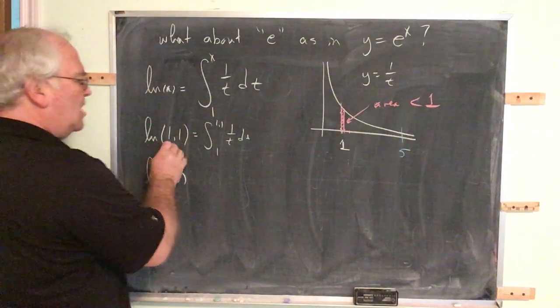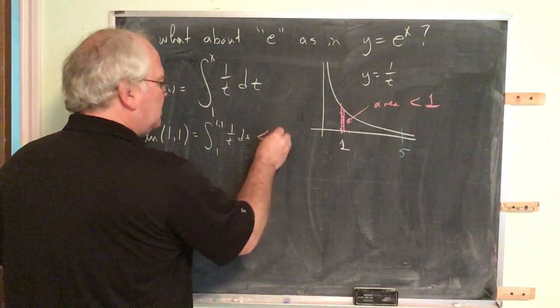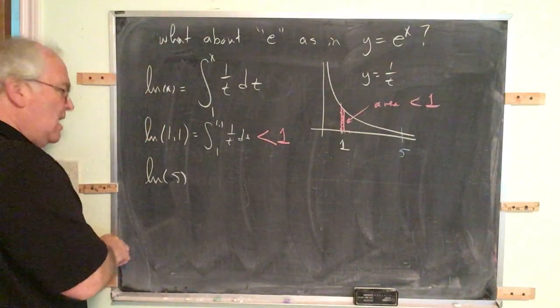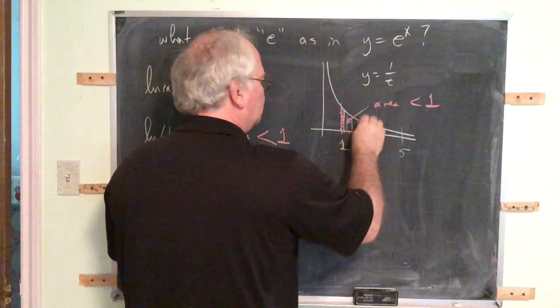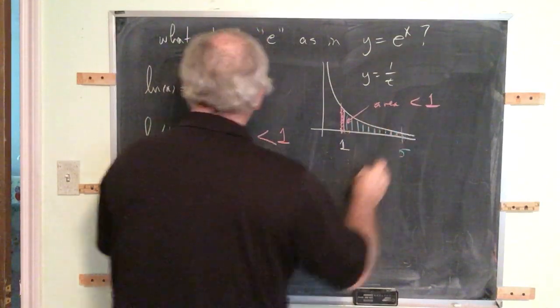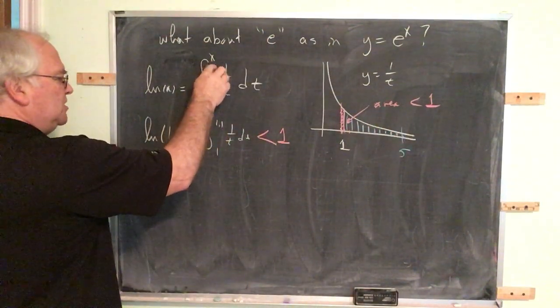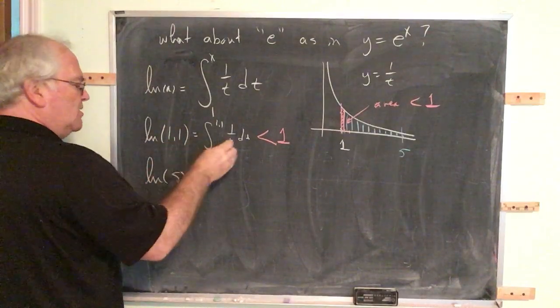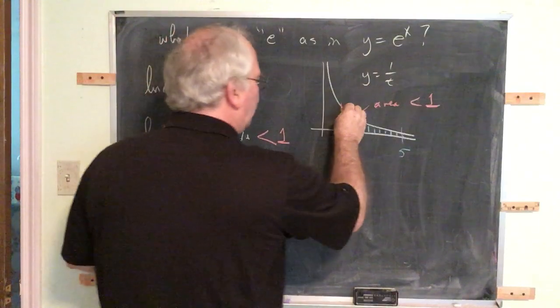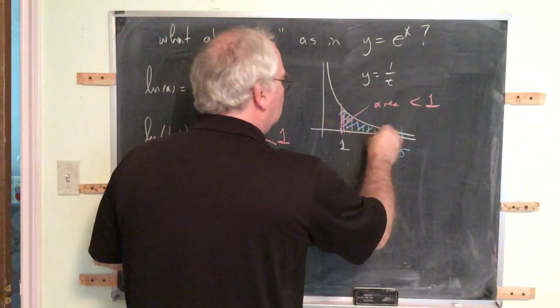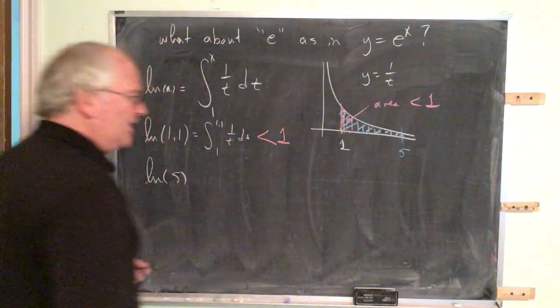So we have natural log of 1.1 is less than 1. But as you go further and further out, as we choose a larger and larger upper limit of integration, as this upper limit of integration starts at 1.1 and goes out to 5, this is getting larger and larger. Now what happens is we have this large blue area, a region to find that area.